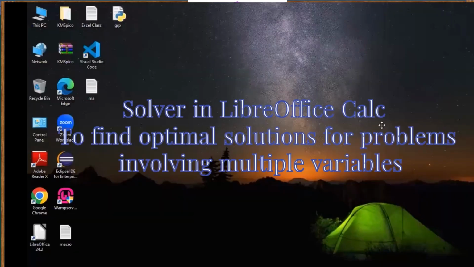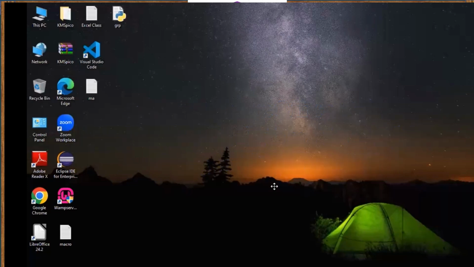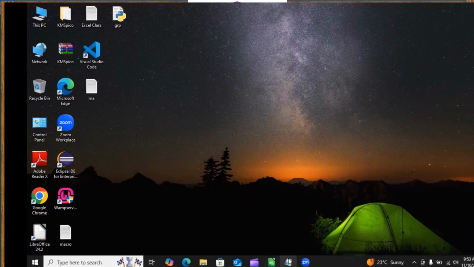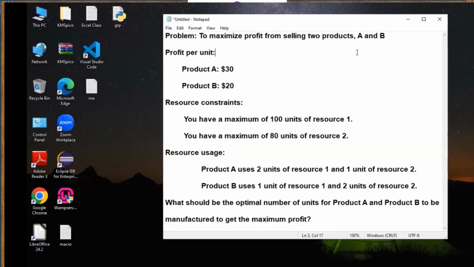Let's now practically use Solver in LibreOffice Calc to find optimal solutions for problems involving multiple variables. Here's a step-by-step guide on how to use it. Here is the question. Imagine you want to maximize your profit from selling two products, A and B. Here are the details.